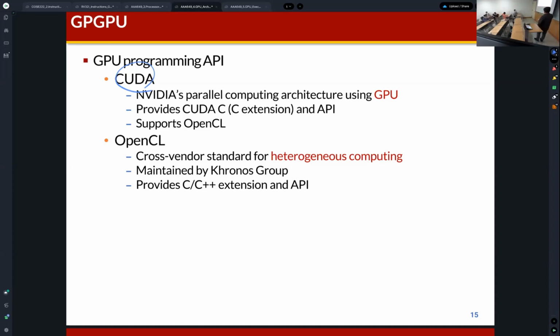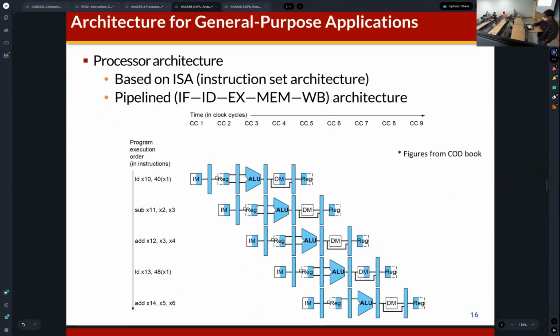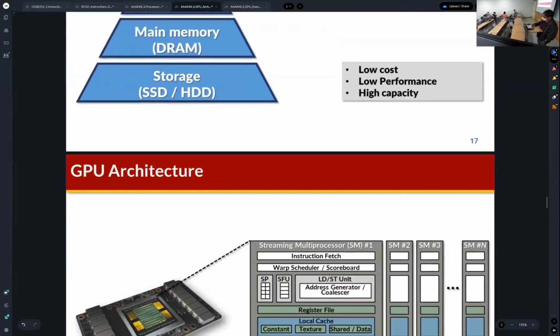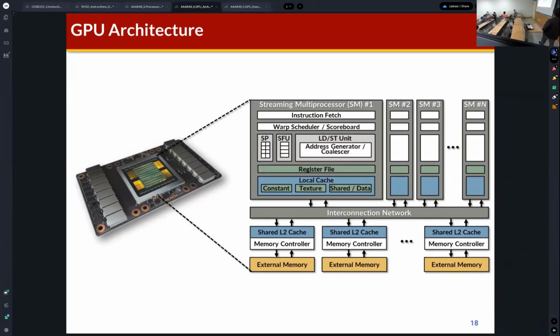In OpenCL you can also write GPU code, but recently CUDA is more famous, so it's more popular. So we frequently use CUDA, CUDA C. In this class we will also cover the basic CUDA framework, the basic CUDA program environment. Okay, I'll skip here. So let's see the GPU architecture.